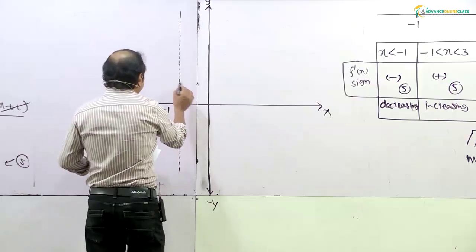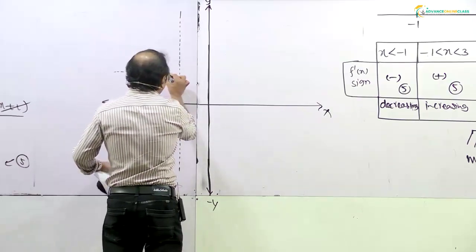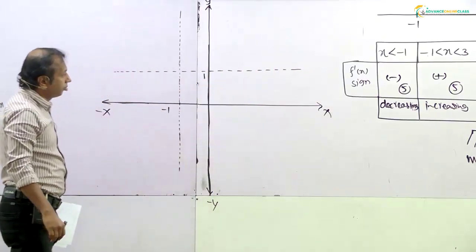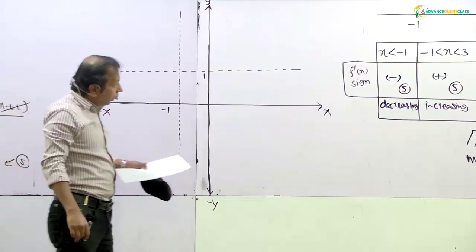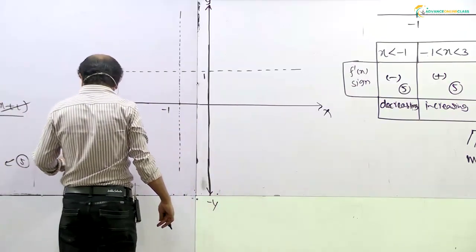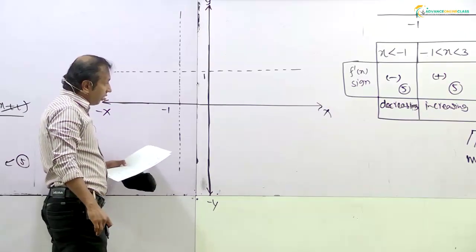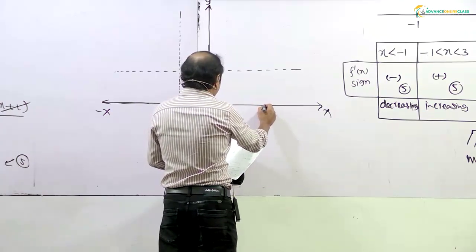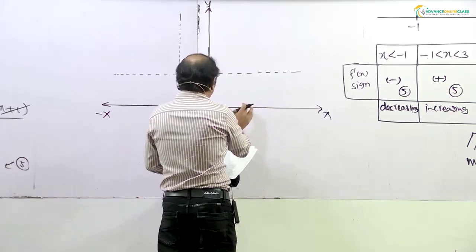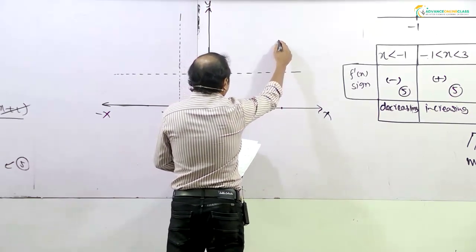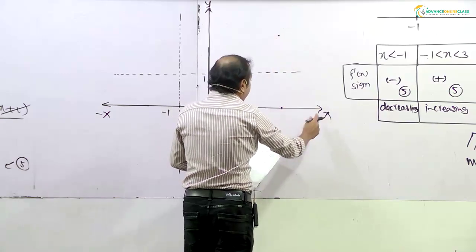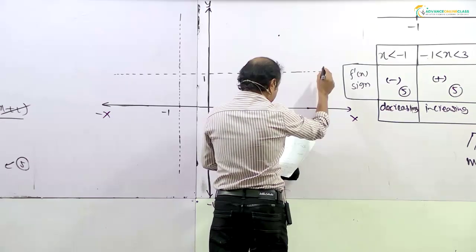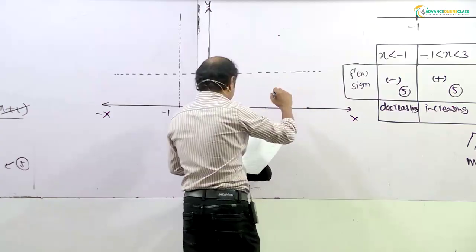Right. y equals 1 here. Right. At x equals 3, y is 9/8, we have a maximum point. x equals 3, I mark here. 9/8 here. x equals 5 somewhere here. Point of inflection, right? Okay.